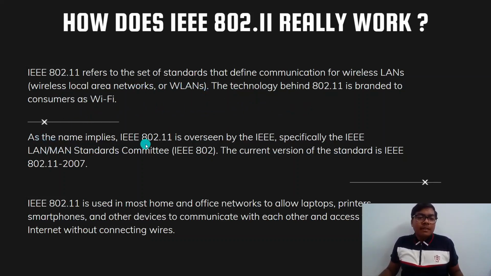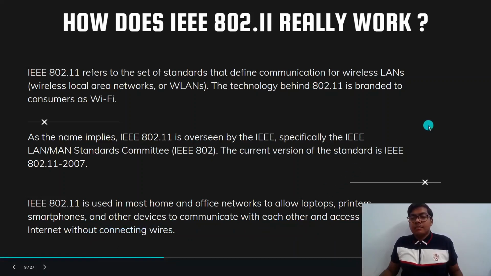The current version of IEEE 802.11 is 802.11-2007. It is used in most home and office networks to allow laptops, printers, smartphones and other devices to communicate with each other and access the internet without connecting wires.